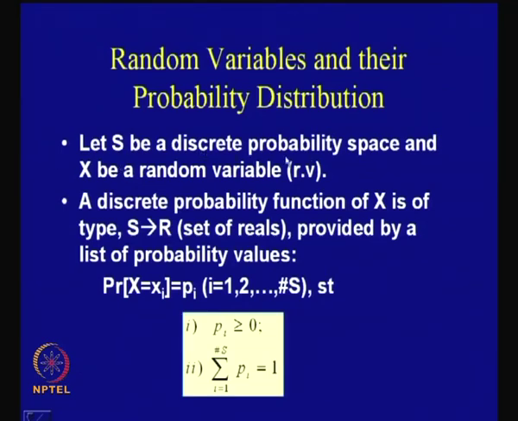Now let S be a discrete probability space and X be a random variable. We start assigning probability values for this random variable. What are the possible values X can take? It can take the value x1, x2, or up to x_#S.